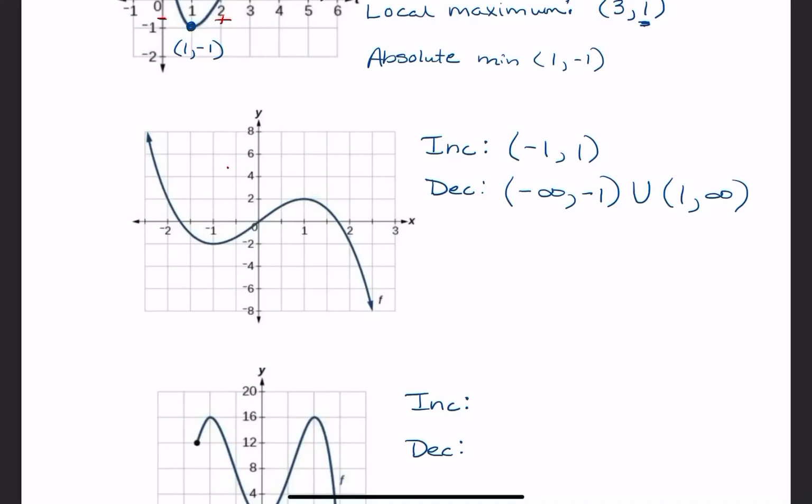So you're decreasing on this part and this part. So you've got a local max here at (1, 2), and a local min at (-1, -2).